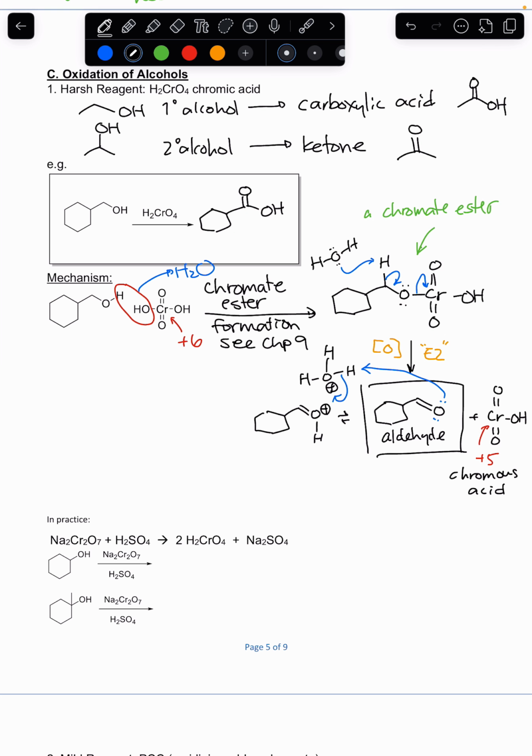Now that would make this carbon very partially positive, very electrophilic, and so now a weak nucleophile like water can attack it. And of course, otherwise this carbon would have too many electrons, so the electrons get kicked up to the oxygen. Right, this is a very electrophilic species.